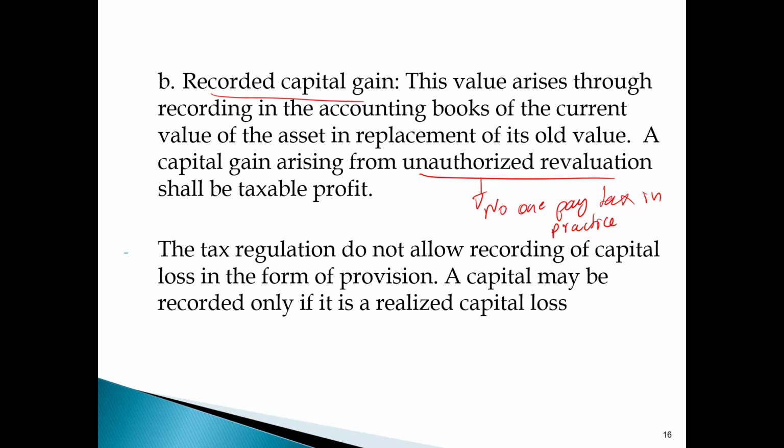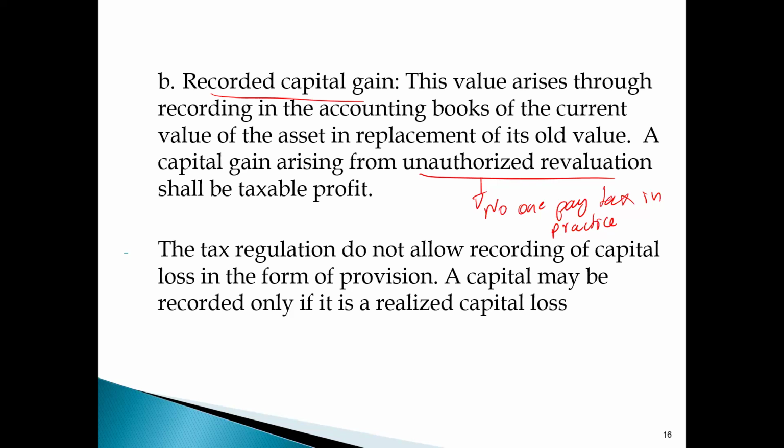How can you claim that an unauthorized revaluation is not taxable? What is the tax law or tax rule you need to justify that even though I do a revaluation without authorization, I don't need to pay tax?